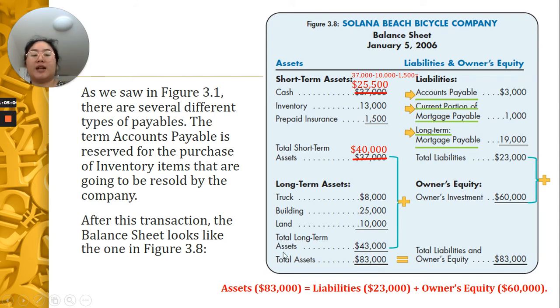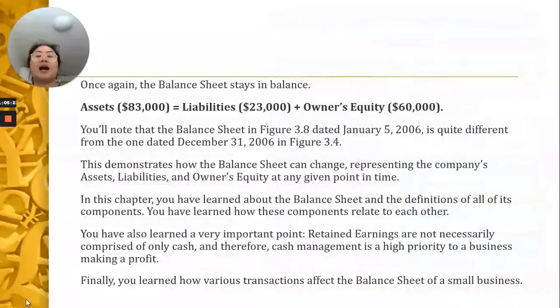You can see the asset is 83,000, equal to the liability 23,000 plus the owner equity of 60,000. Once again the balance sheet stays in balance.